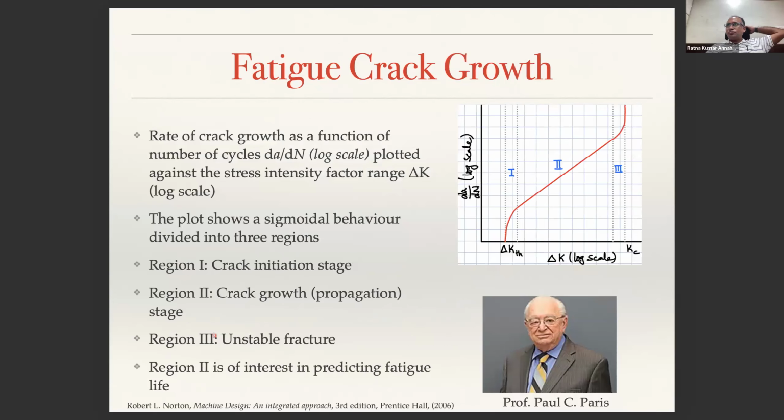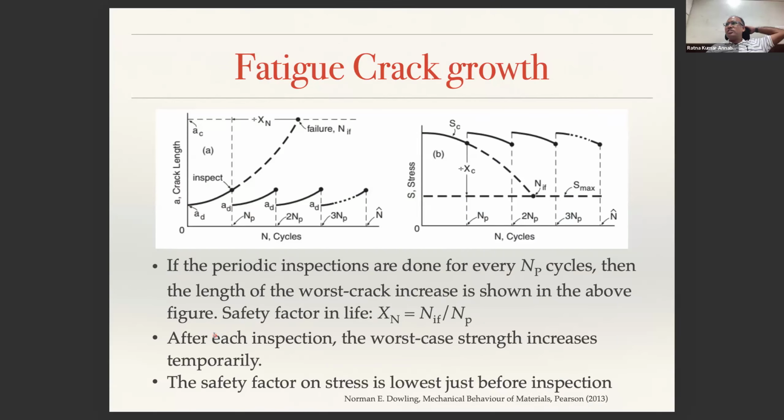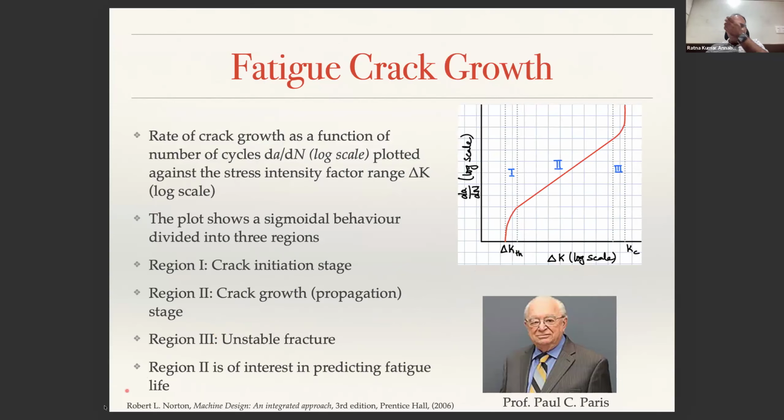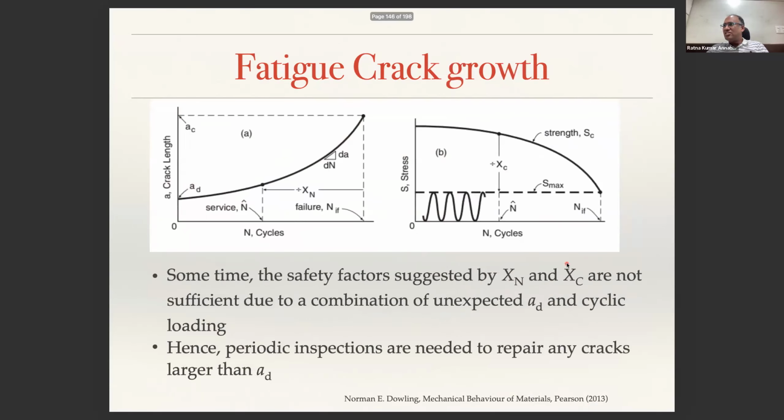So now, in order to talk about this fatigue crack growth, this is Paul Paris, who actually talked about this fatigue crack growth. So rate of crack growth, that is dA by dN, is plotted against the stress intensity factor range. What do we mean by stress intensity factor range?